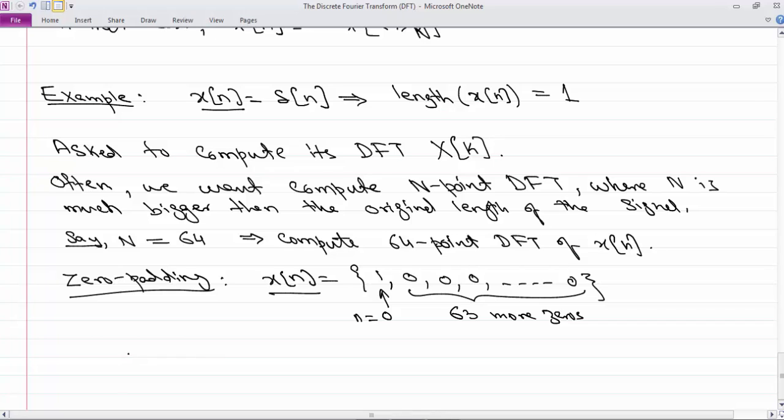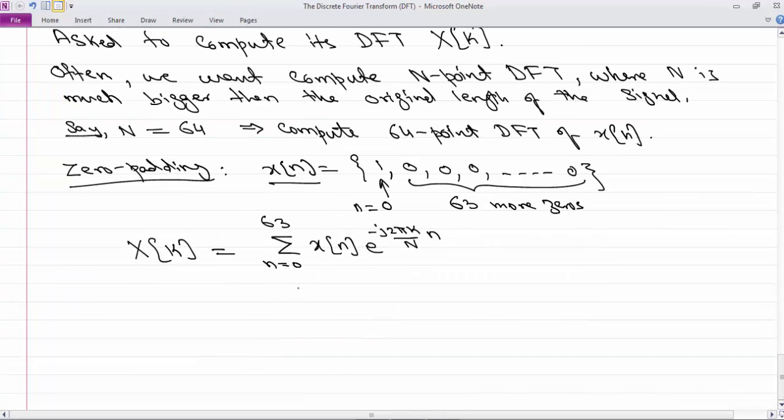Now that we have zero padded our sequence, I have X[k]. It is summation n from 0 to N minus 1, so it's n from 0 to 63, x[n] e to the minus j 2 pi k over N times n.